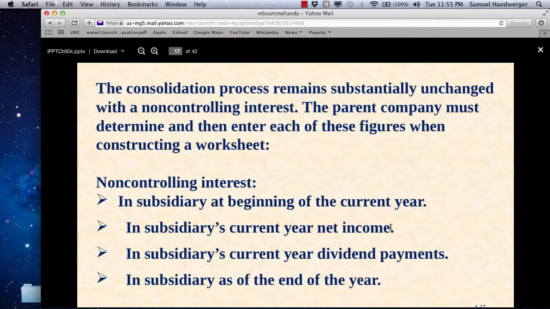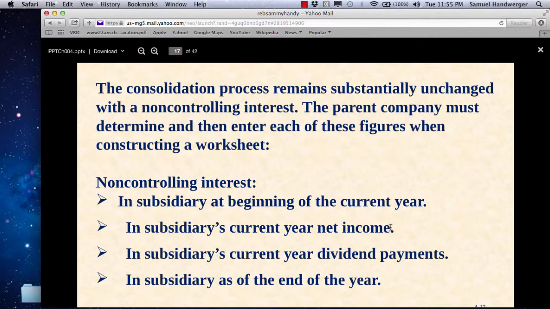We're just allocating off the balance sheet and the income statement the amount to the non-controlling interest. And the example in this presentation is 90%, 10%. It could be any other percentages as well.